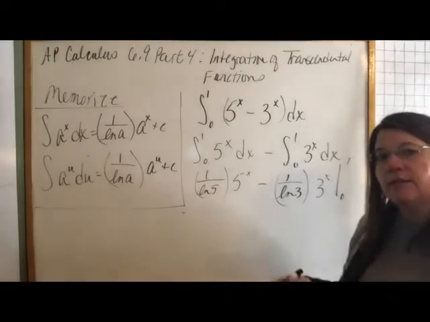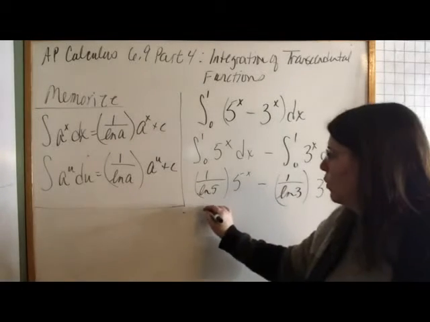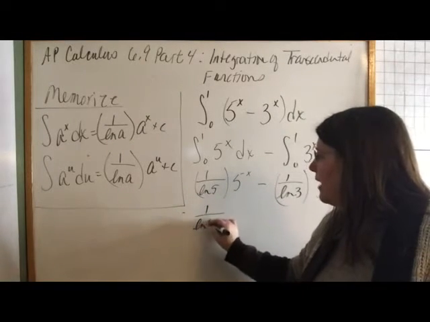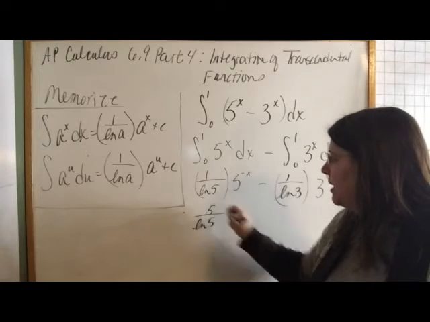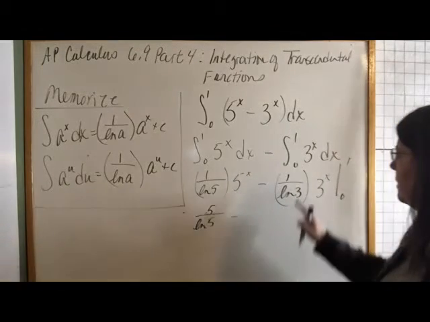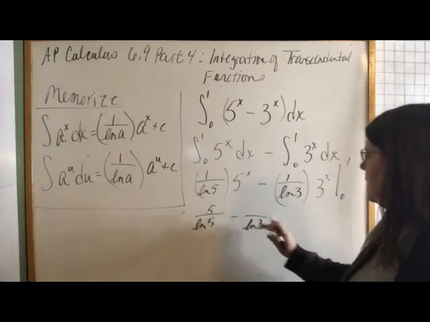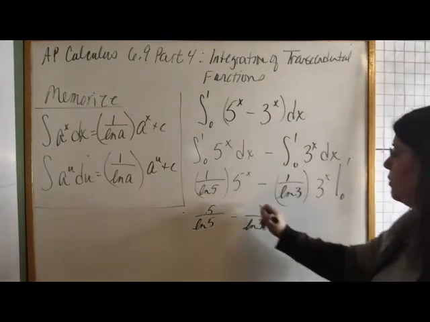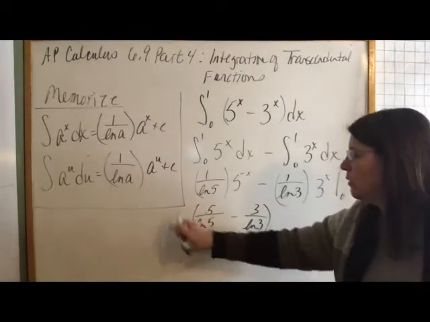So I'm going to plug 1 in first. If I plug 1 in for all the variables, I have 1 over the natural log of 5 times 5. So I'm going to go ahead and put the 5 up here. Minus 1 over the natural log of 3 times 3 to the 1, which is 3. That's what I get when I plug in 1.